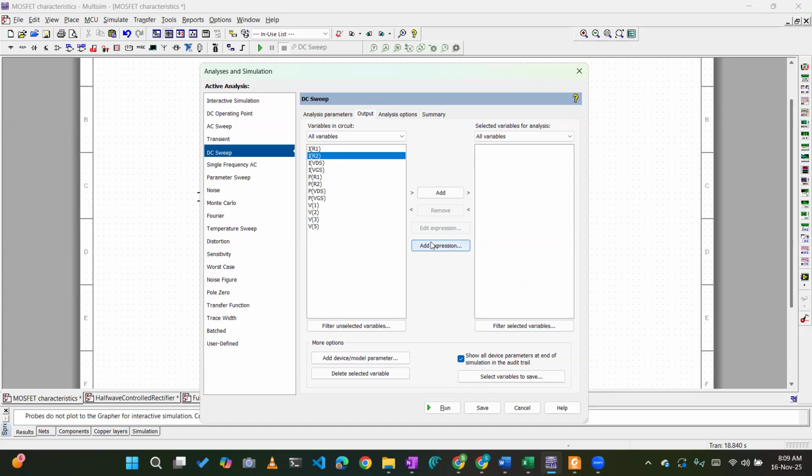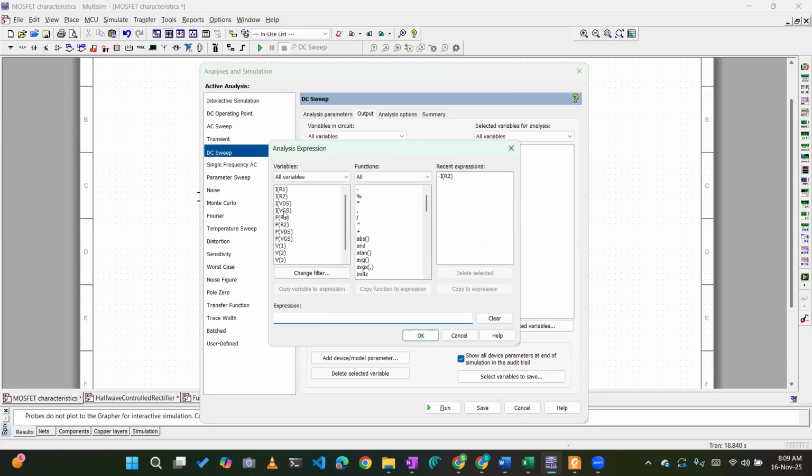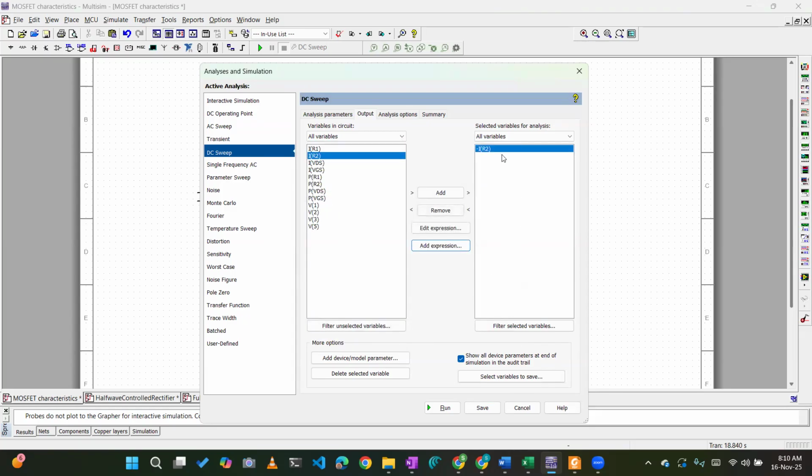So I will write add expression IR2, double click. Before IR2, I will write minus, negative. Now the expression is minus of IR2. Okay, minus IR2 selected.